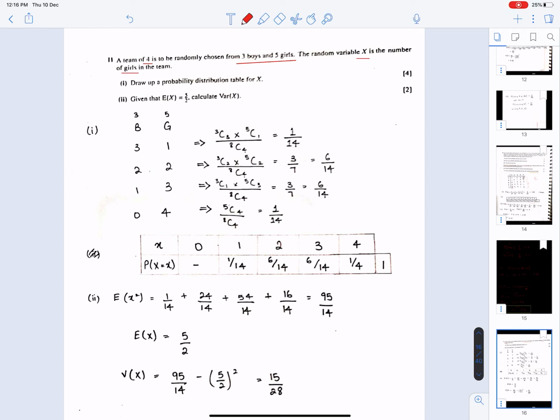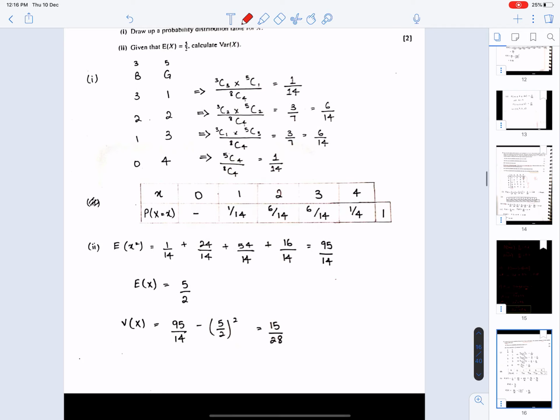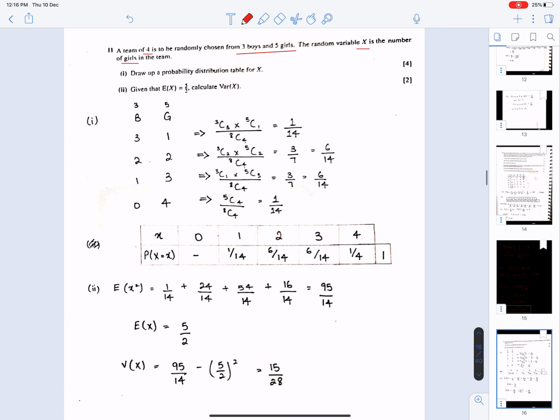In order to draw the distribution table, you must understand how to get the minimum and maximum value of x. I already discussed this concept in my previous lecture of this chapter, so you should watch that lecture to understand this concept in detail.